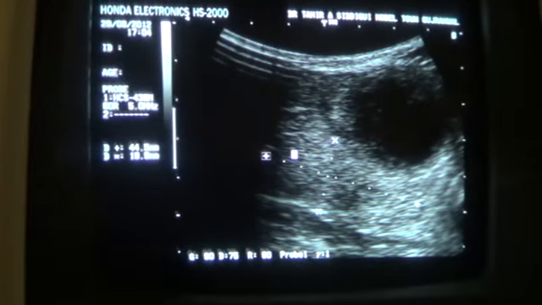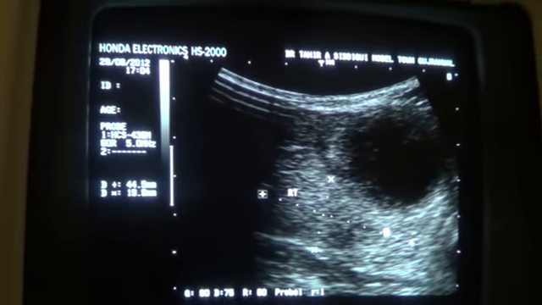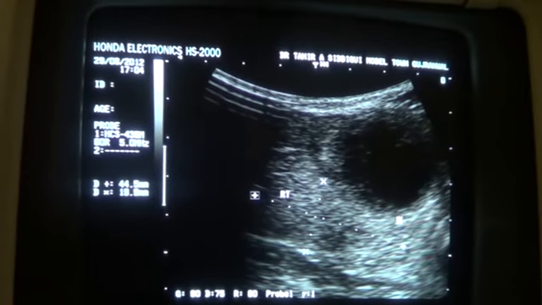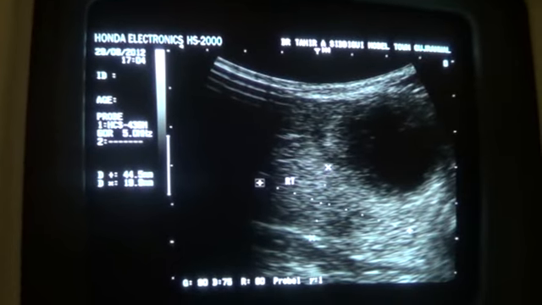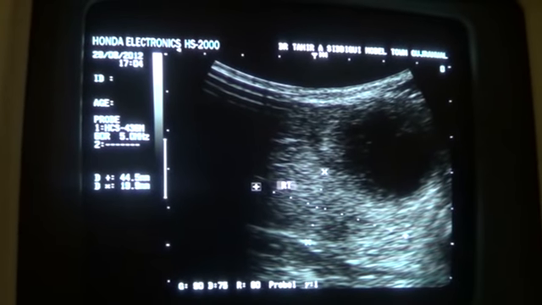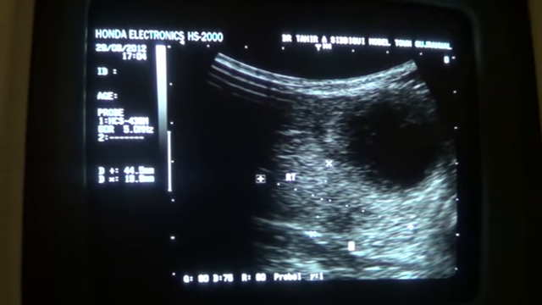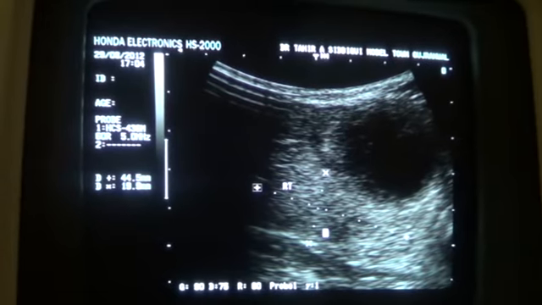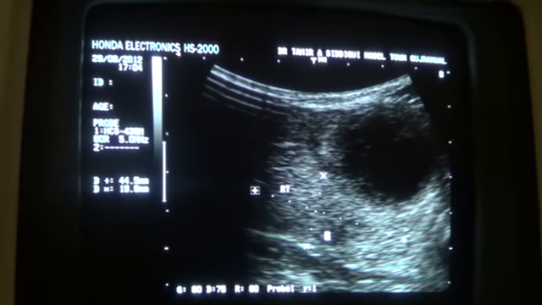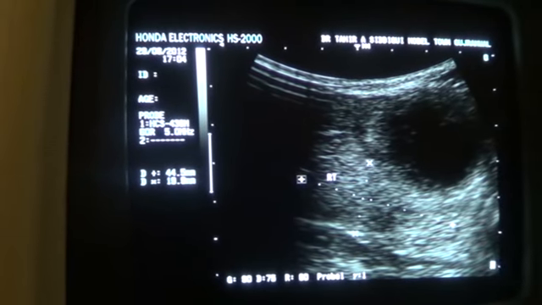This is the right lobe of the thyroid. The echogenicity of the parenchyma of the thyroid that is spared is normal. There is no calcification, no focal lesion seen in the rest of the right thyroid gland. This is the parathyroid gland. This is the common carotid artery in transverse section.